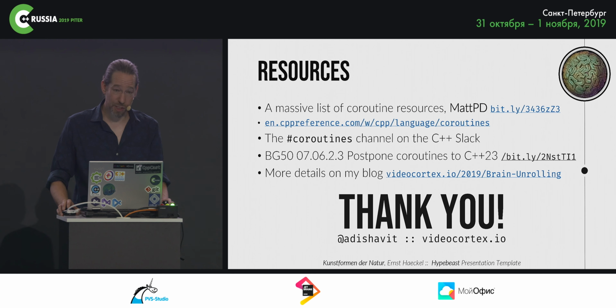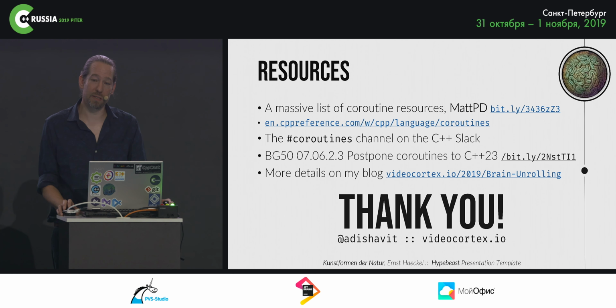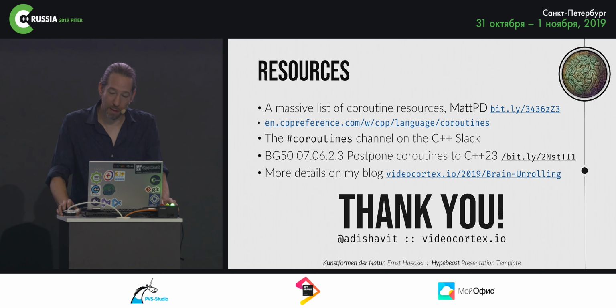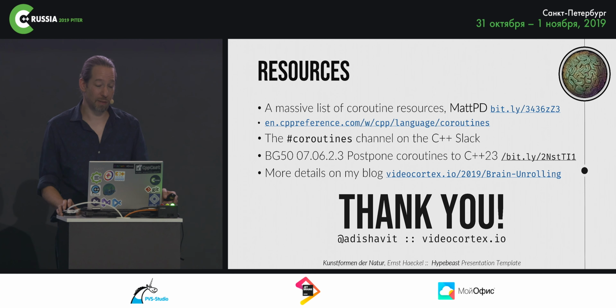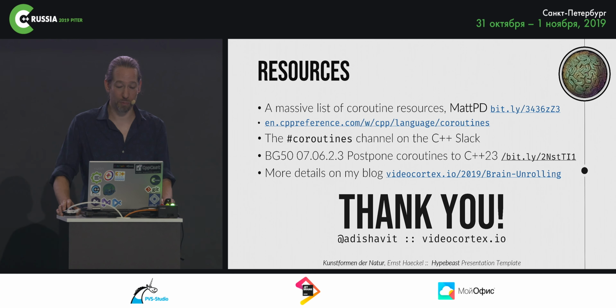There's a coroutines channel on the C++ Slack, so if you're not on there, you should go there. Everyone who's involved with the standardization and using of coroutines, even for much more diverse applications like asynchronous programming, is there. Almost everyone is there, and it's accessible, and you're welcome to ask questions there.